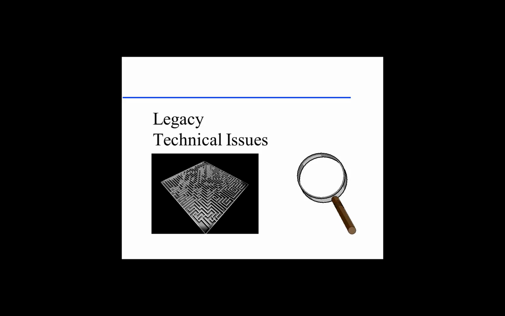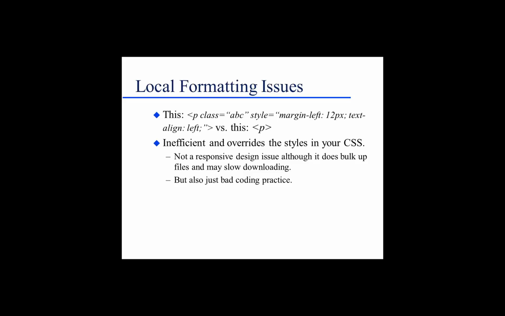So the first thing I want to do is talk about technical issues, and this was where I ended last month, with local formatting. Again, I have an example. This is local formatting, right here. The P is just the way things should be. Don't do local formatting. It's bad. It's inefficient.